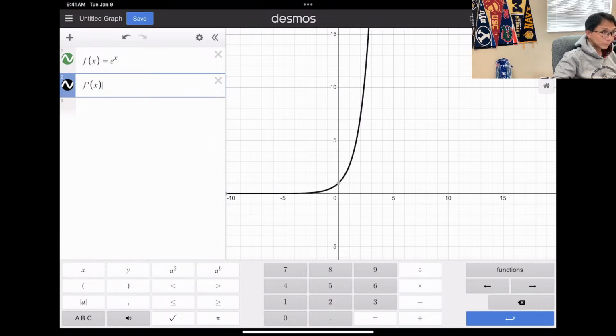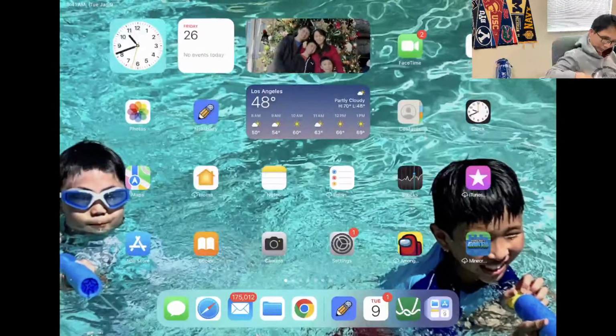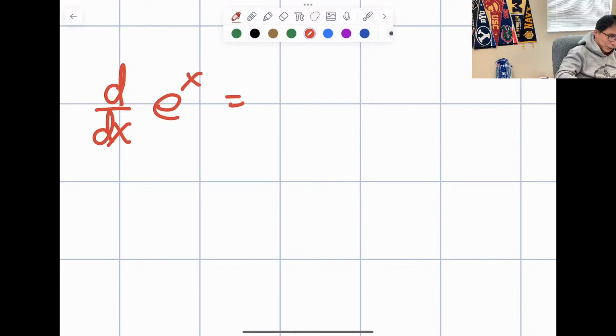Wow, same thing. Wait a minute. It's e to the x. Derivative of e to the x is e to the x. It takes me 2 seconds.